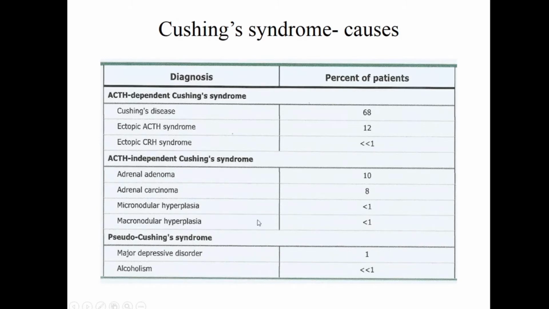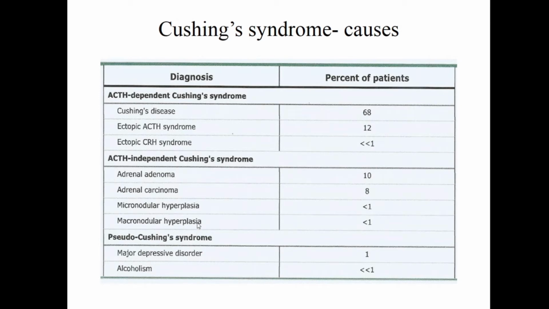That means in this case, the high cortisol level is not because of increased ACTH. So forget about the hypothalamus, forget about ectopic, forget about pituitary disease here. It is definitely a disease which comes from areas which are not dependent on ACTH anymore.